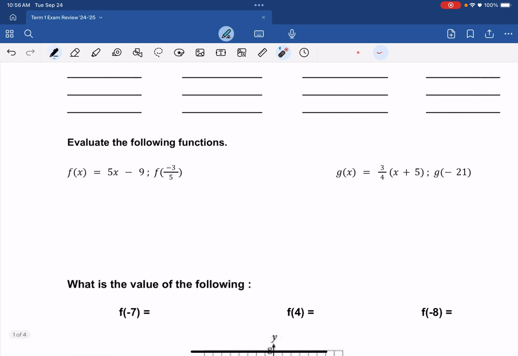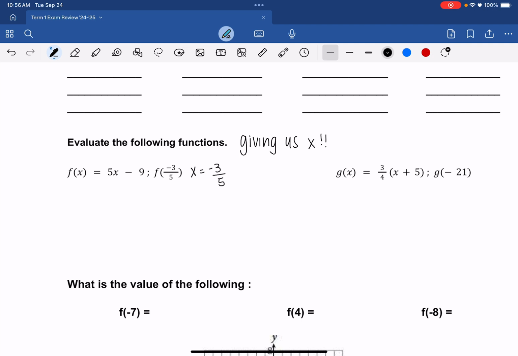All right, evaluating functions. So when we evaluate functions, this means that they are giving us the value of x. Okay, so this says f of x equals 5x minus 9, f of negative 3 divided by 5. So this means x equals negative 3 divided by 5.